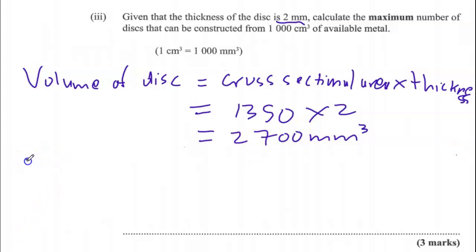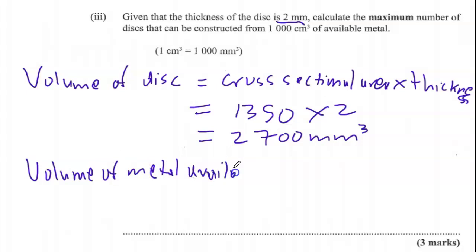Now the volume of metal available, we are told, is 1000 cm cube. But notice the volume of the disk is in millimeters, so we want to convert the 1000 cm cube into millimeters. We are told that 1 cm cube is 1000 millimeter cube.